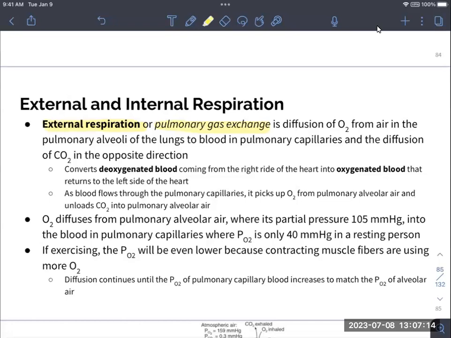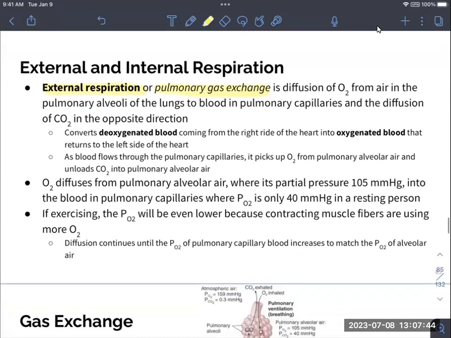If you're exercising, the pressure of oxygen actually can be lower than if you are just sitting, because your muscles are working hard and they're using more oxygen. We want to increase the amount of oxygen. So it's kind of interesting how all this works.